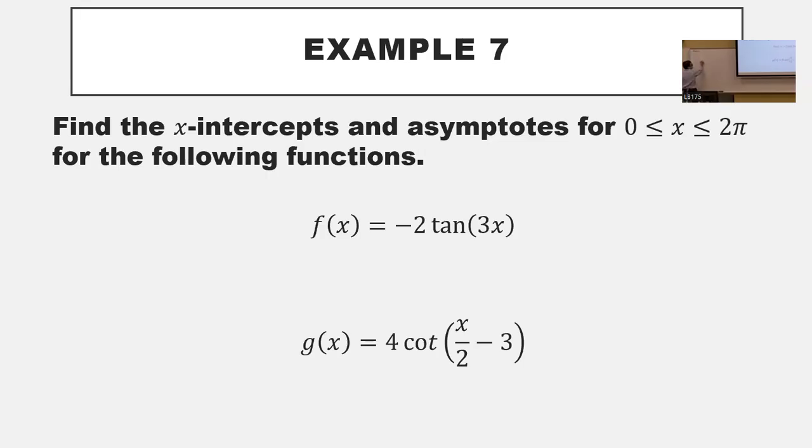So we have f of x is equal to -2 times the tangent of 3x. And then g of x is equal to 4 times the cotangent of x over 2 minus 3.